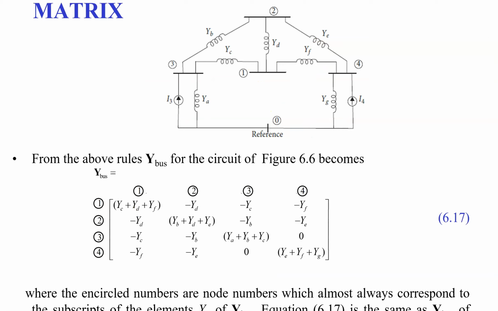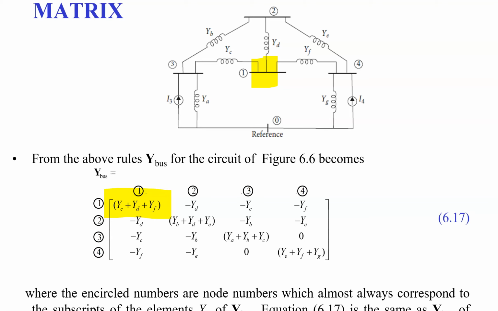If we now take the position of 1, 1, the self, we now know it's the sum of all the admittances connected to the node. So for example, if you look at the first, this Y 1, 1, we can stand in this position, in this bus, and see what is connected to this node.